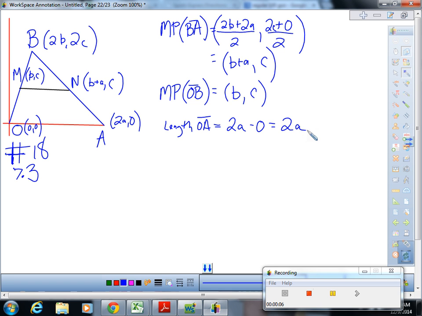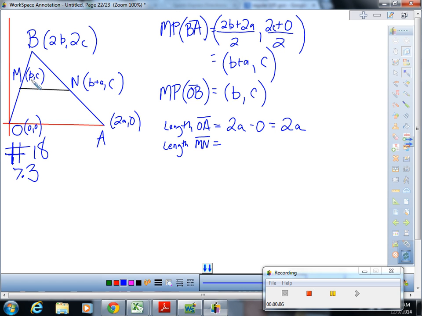The length of MN is not nearly as simple. So how would I find the length of MN? Well, since it's a horizontal line, I would just take the x-coordinate of N and do what? Subtract the x-coordinate of M. Okay?